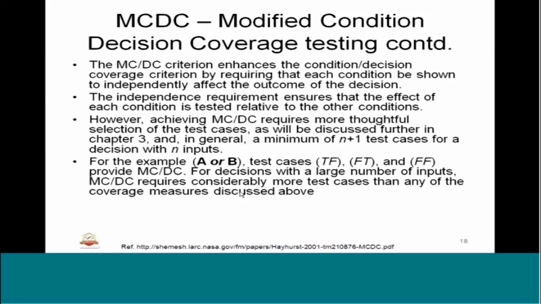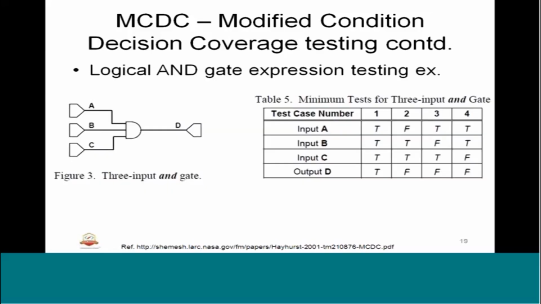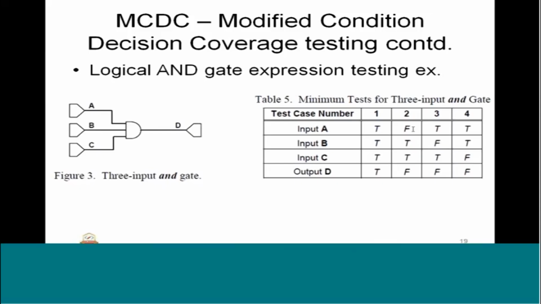We'll take some examples. Here you can see a logical AND gate, where A, B, C inputs are being ANDed in this block, and the result of this is placed in D. So it is called a 3-input AND gate.